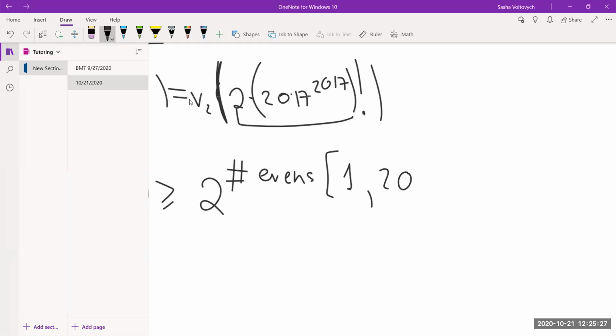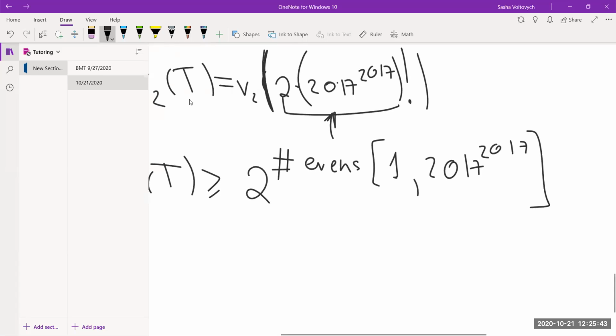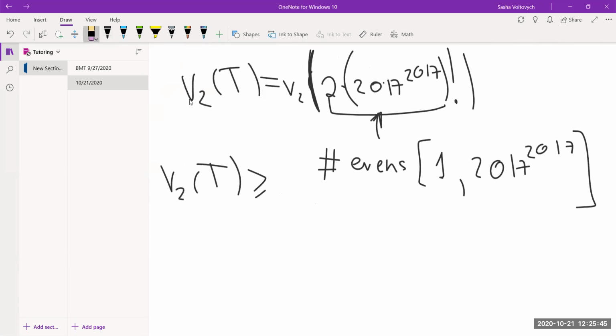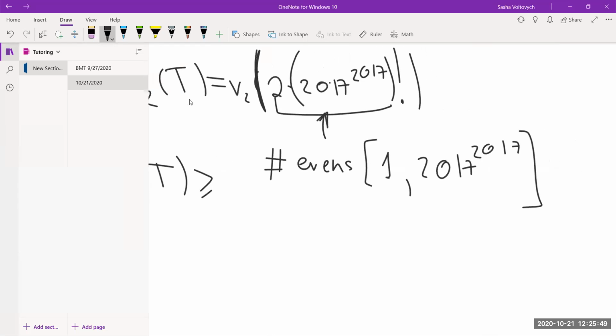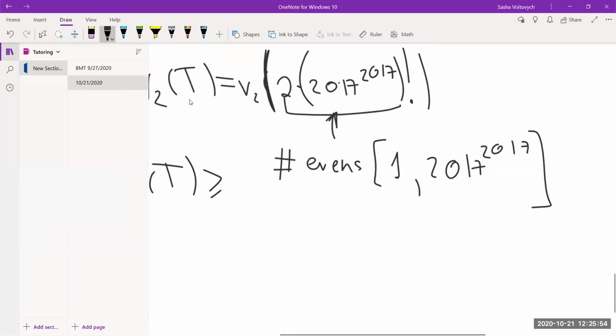From 1 to 2017 to the power 2017. Why is that? Because each even contributes at least 1 power of 2 to this term. So the power of 2 will be at least the number of evens in this interval, plus 1, actually, because we have an extra 2 in here.